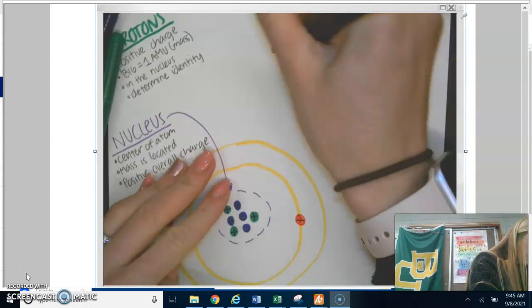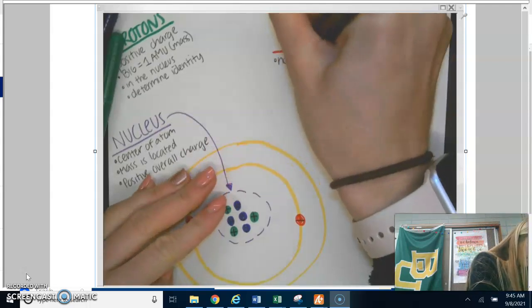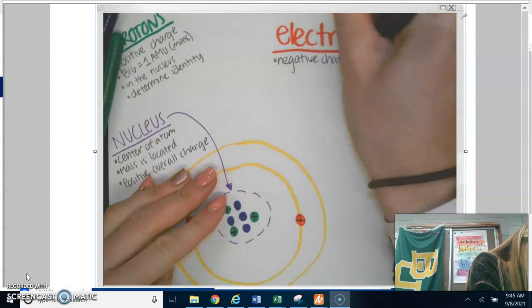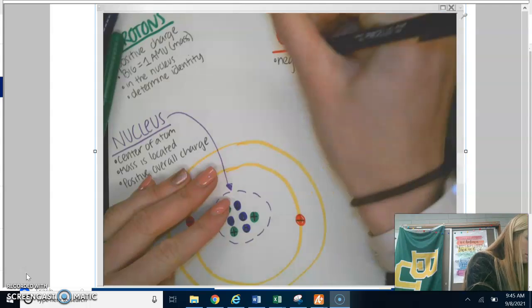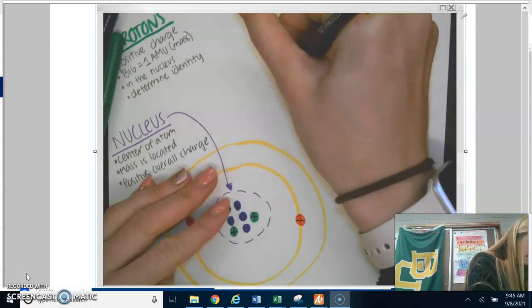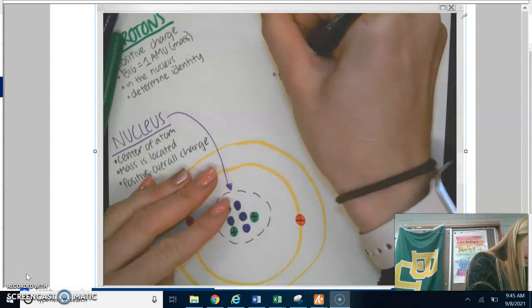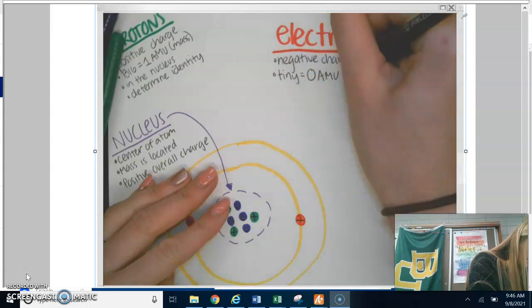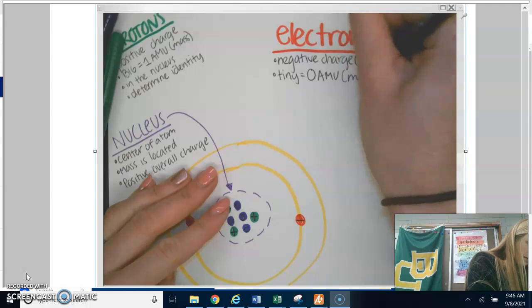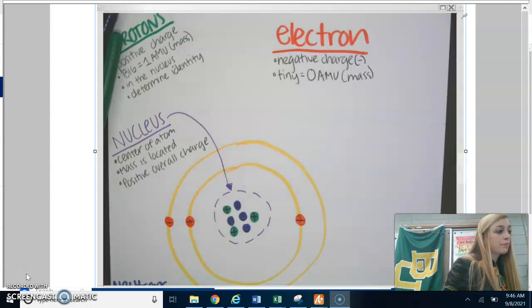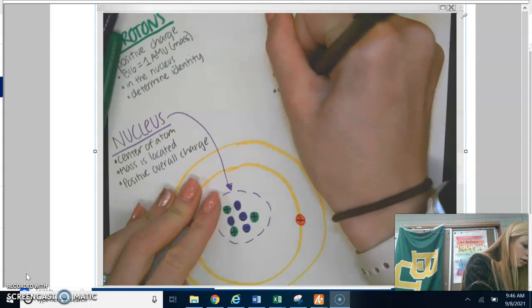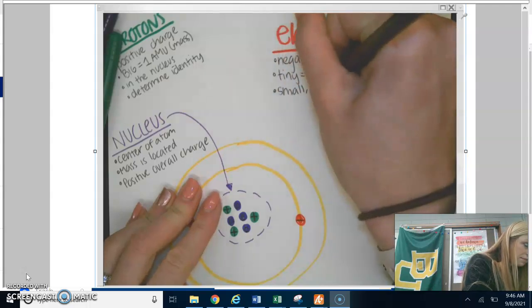Okay, electrons have a negative charge. Almost no mass. So I'm going to put tiny. The mass is 0 AMU. There's a little mass, but we go ahead and round it to 0. They are small, but move fast.